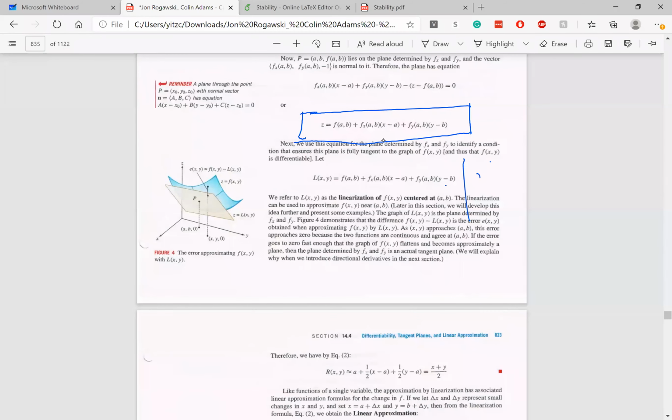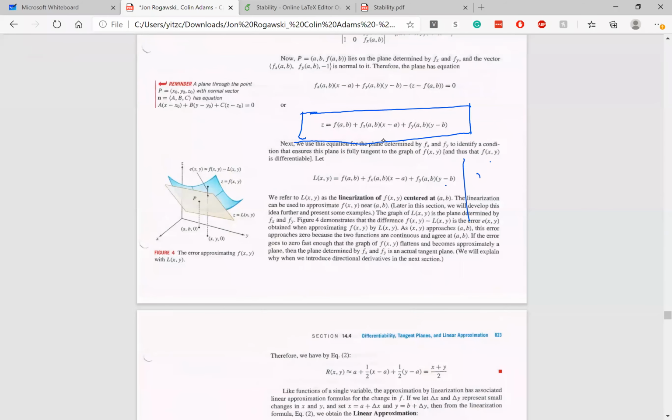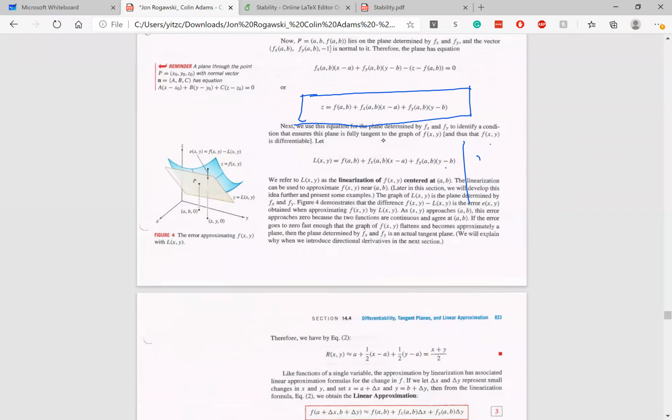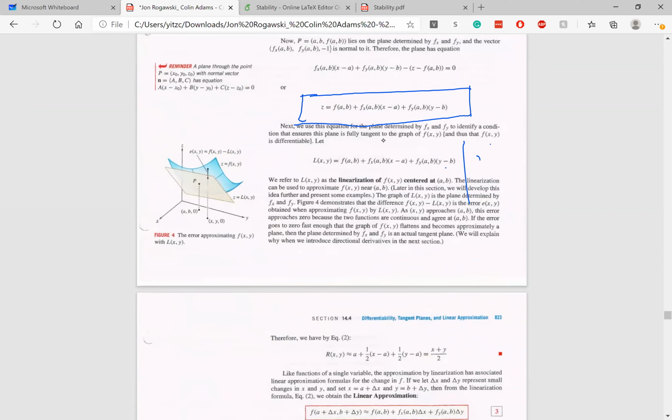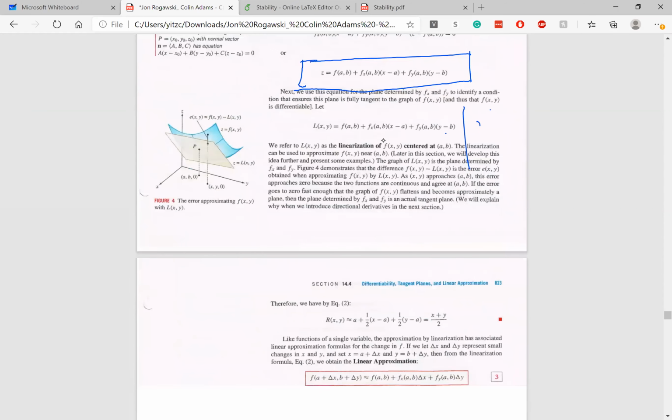I'm going to try to stick to a, b from here on so that it fits with the book. The graph of L of x, y is the plane, this plane over here, determined by f of x and f of y the way we just saw, finding the normal vector, and so on and so forth. Okay, and then I'm going to basically ignore the rest.